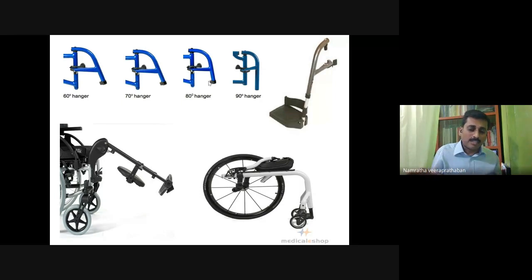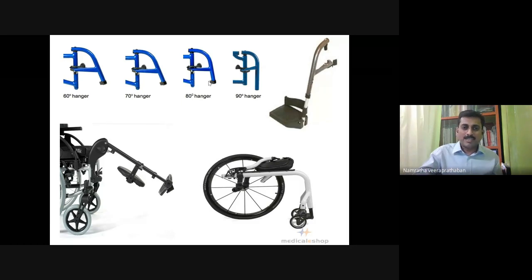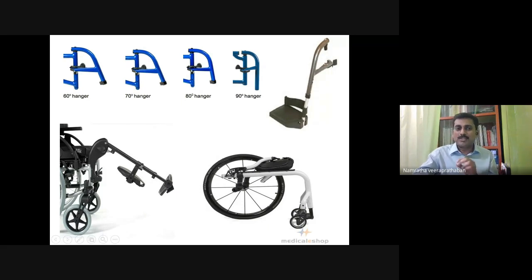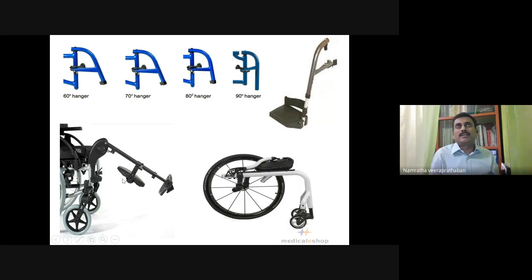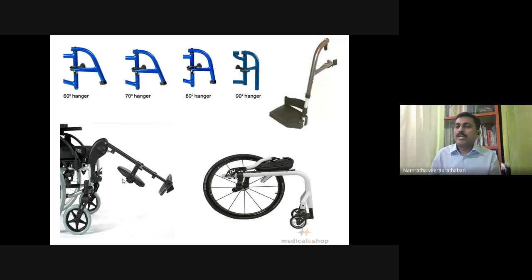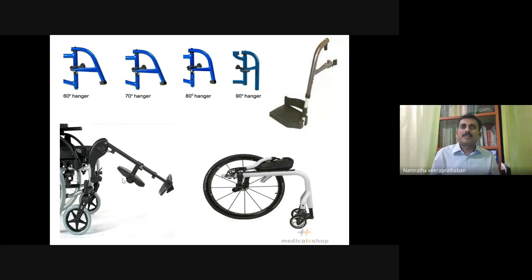All right. If you don't have any hamstring issues and have a normal tone, then you can go for 80 or 70-degree hangers. Elevating hangers is the same. If the person does not have any hamstring issues at all, then we can go for elevating hangers to provide comfort. Elevating hangers can be recommended for patients with OA knees and those with ankle problems.